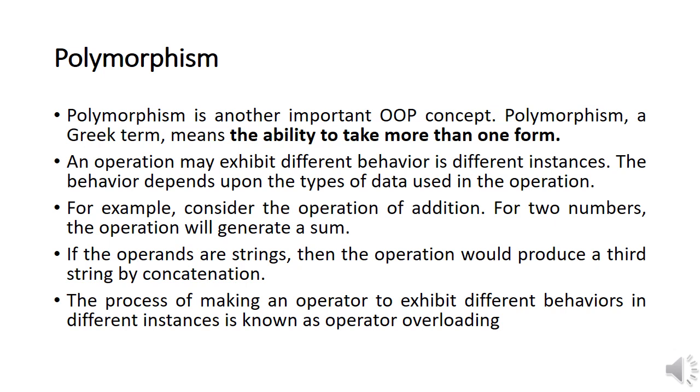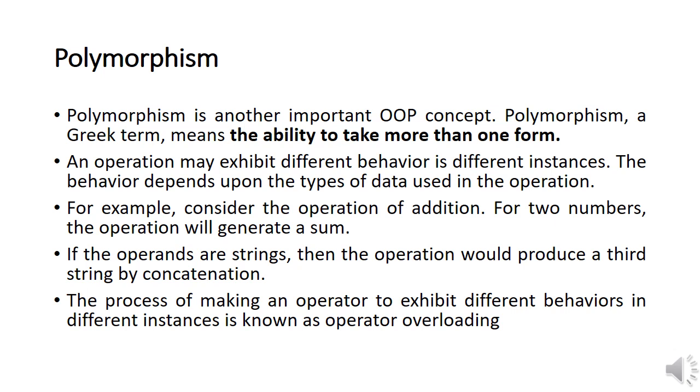The result of this operation will be a concatenated string. So the operator plus behaves in different ways if the operands are different. This process of making an operator exhibit different behaviors in different instances is known as operator overloading. This is one kind of polymorphism.